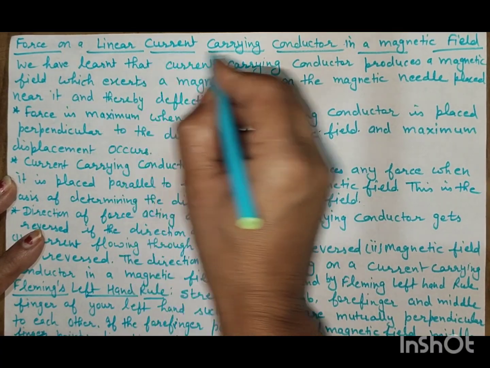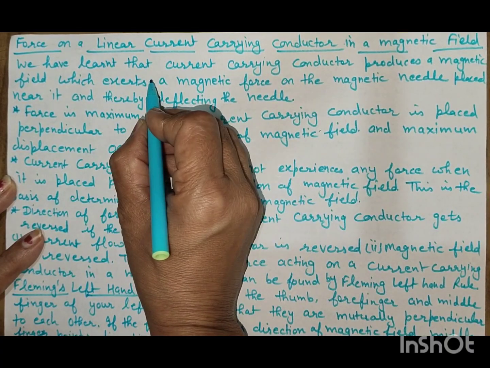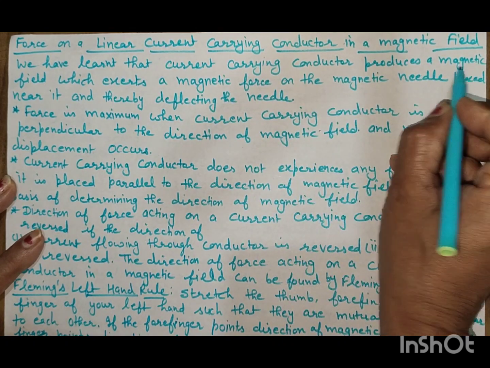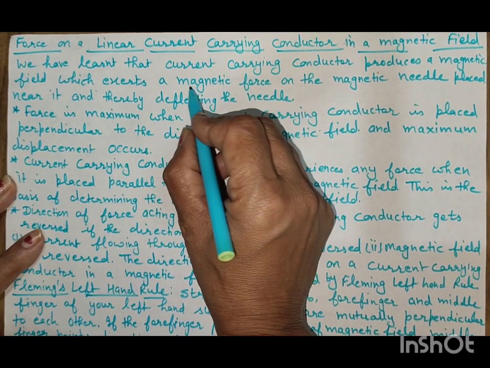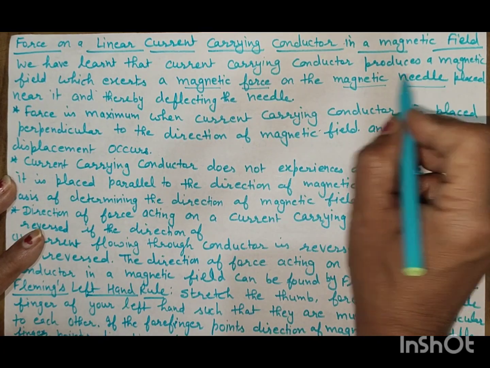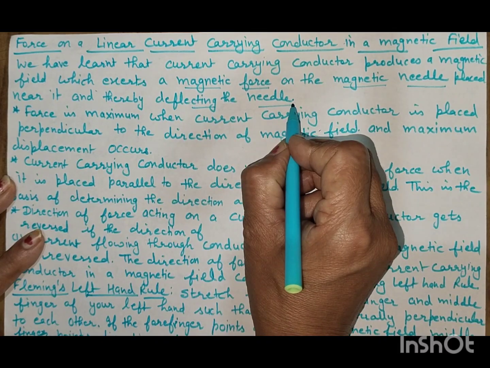Force on a linear current carrying conductor in a magnetic field. We have learnt that a current carrying conductor produces a magnetic field which exerts a magnetic force on a magnetic needle placed near it, thereby deflecting the needle.